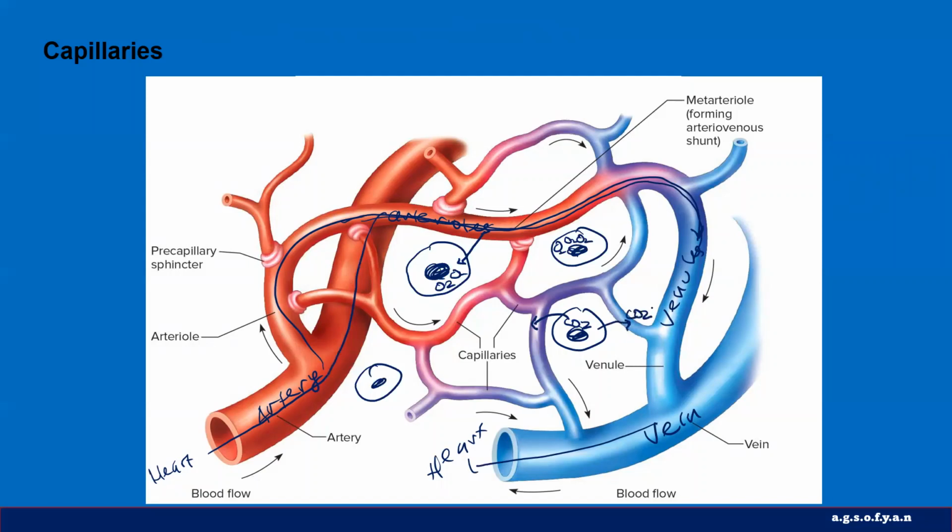So carbon dioxide goes there, oxygen goes here, and nutrients like glucose go from the arterioles to the cell, and waste products like maybe ammonia will go from the cell to the venule side. This is how the exchange works. The nutrients, the substances that we need, go out from the blood vessel to the cell. The waste products go out from the cell to the blood vessel on the venule side.